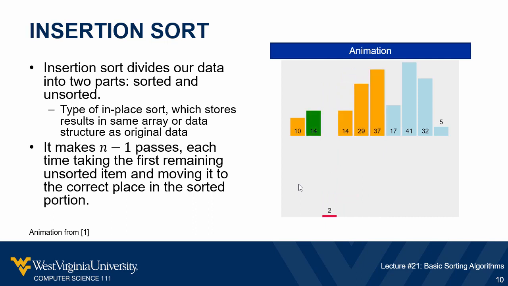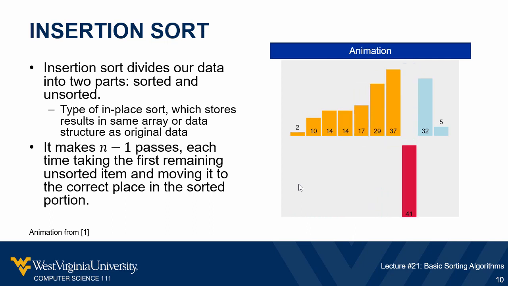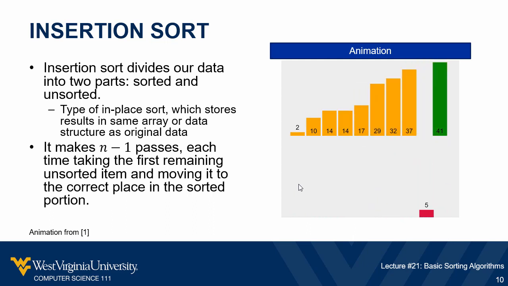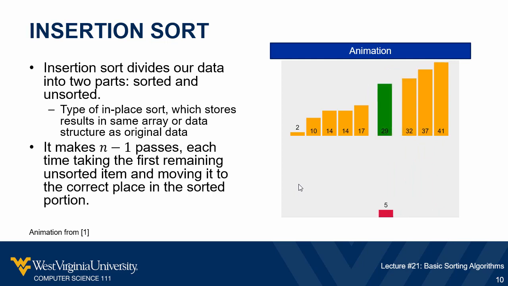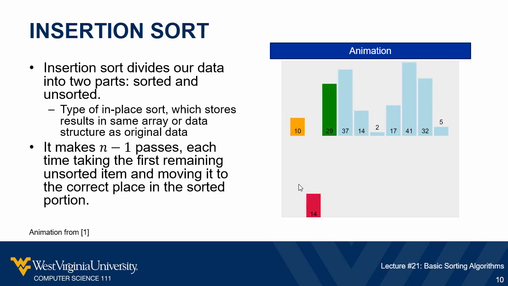As you can see with this animation here, we're starting at the front, and initially we just have a single item in our sorted portion, the very first item that's there, because if we only have a sorted section of one item, it's automatically sorted. What we're going to do then is take a look at the next item, and then we'll shuffle stuff around so that our first two items are sorted.